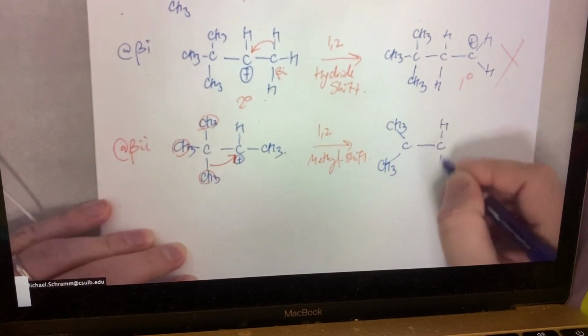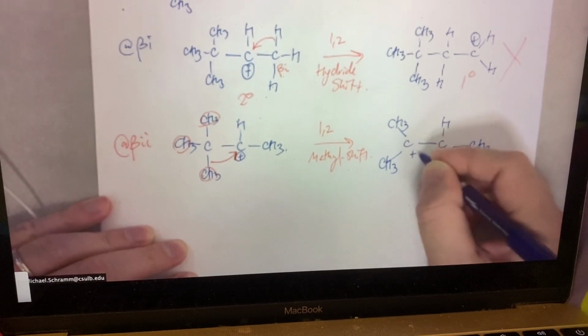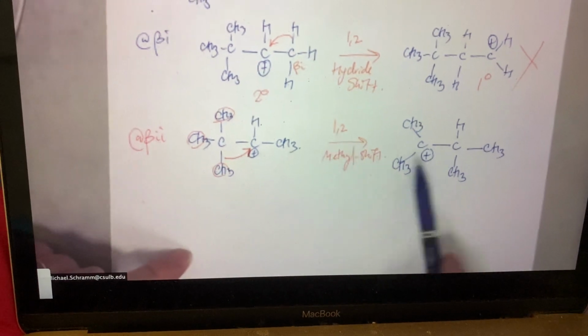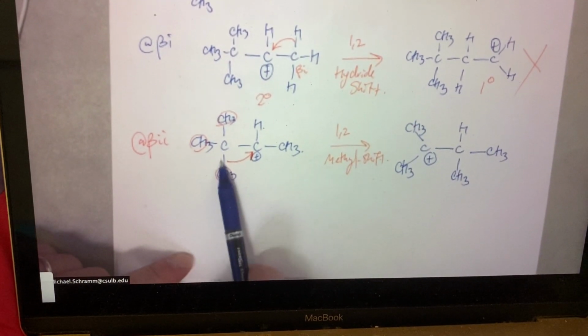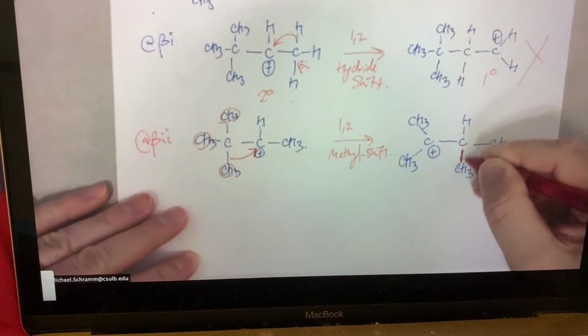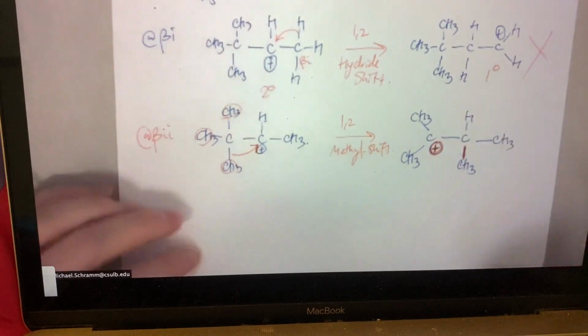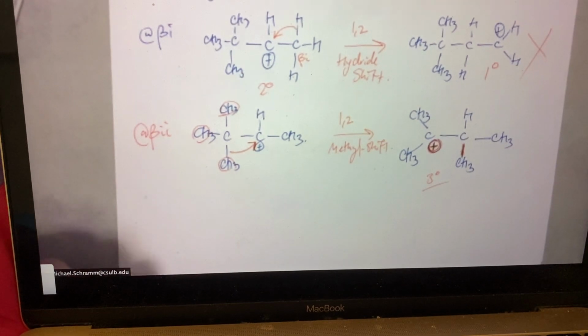We have to be really careful about what we actually draw here. We have to make sure that we have all the carbons that don't move in place, all the hydrogens that don't move in place, and if we break a bond and make a bond, which is this one right here, then the carbocation is going to go to where that bond originally was, and we see crystal clear here that this is a tertiary carbocation.